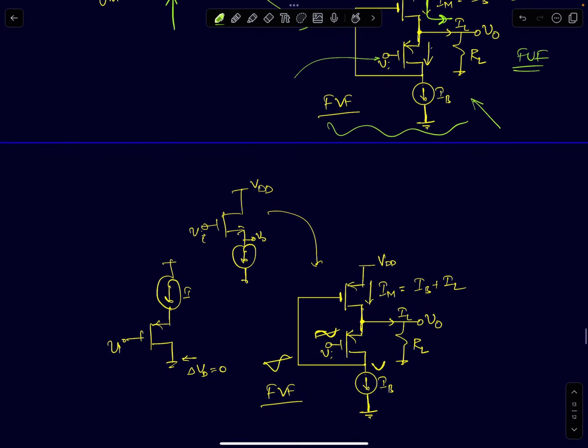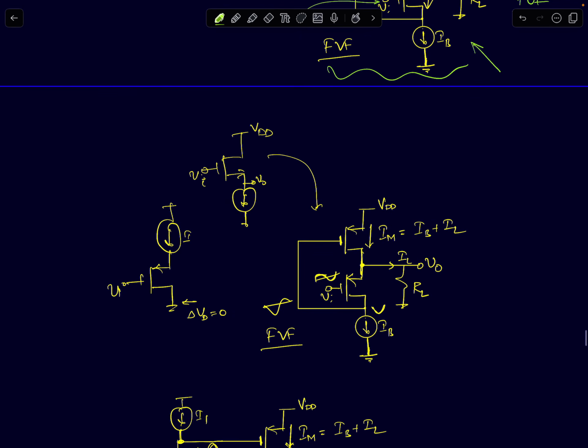Now that we have introduced flipped voltage followers, I'll go a little bit deeper into it. I'm not doing frequency response analysis right now; I'll do that later. But if you look at this architecture, we said that the current through this MOSFET is always fixed, and that's why we are getting the linear characteristics.